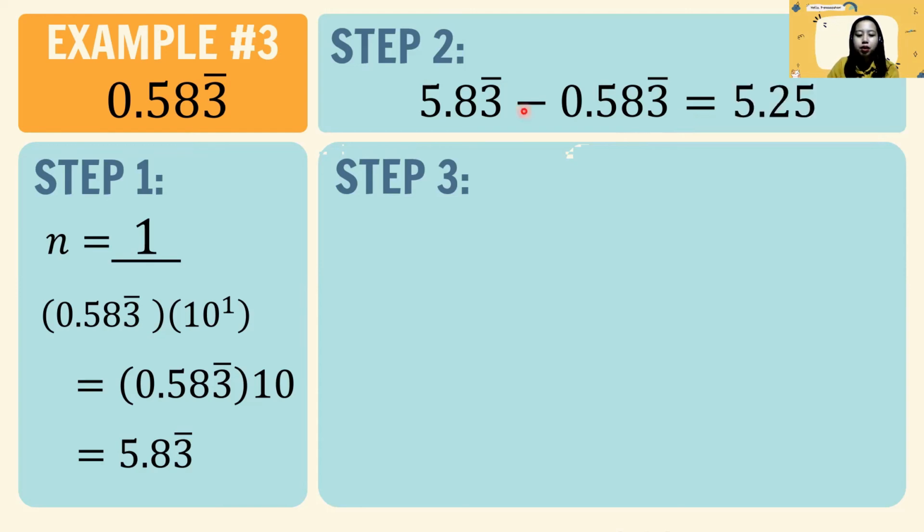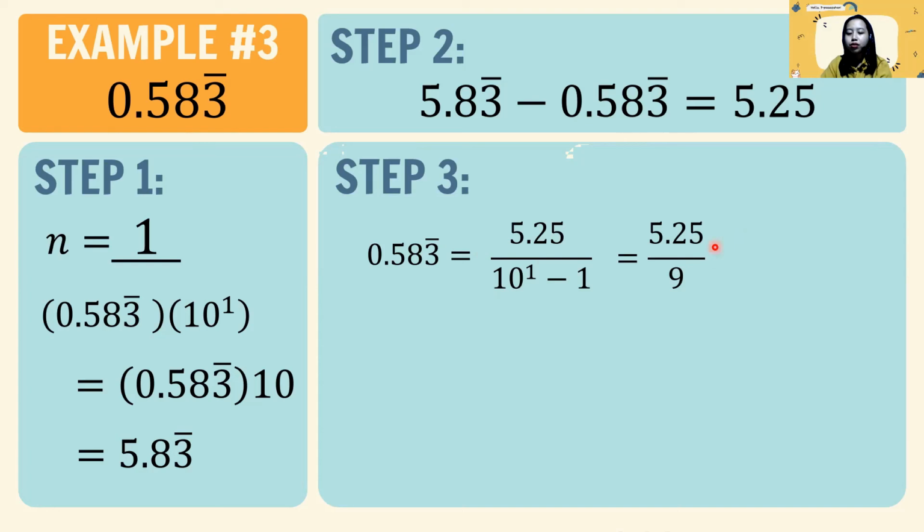For step 3, the given decimal is equal to the fraction whose numerator is the result from step 2, and the denominator is in the form 10 raised to n minus 1. Since n is 1, we replace the value of n by 1. So we will have 10 raised to 1 minus 1. So the expression is 5.25 all over 9.